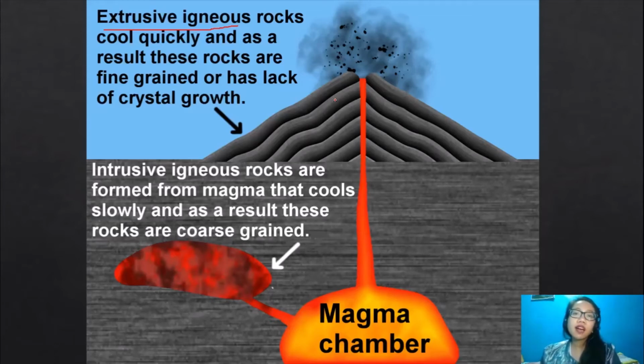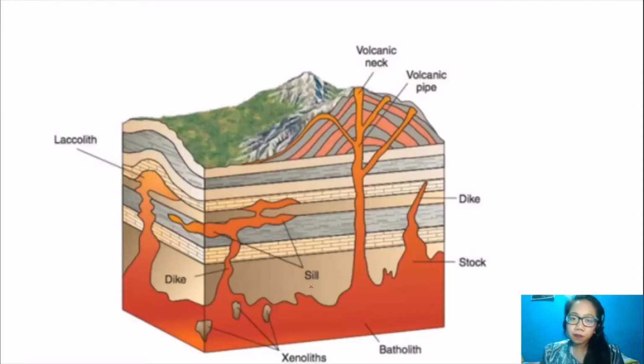So not necessarily in big eruptions, it could be just slow lava spewing onto the surface. This creates fine-grained rock and no crystal growth. Then for intrusive igneous, since they are deep in the earth, they can form slowly, thus leading to the formation of crystals and other coarse-grained materials.